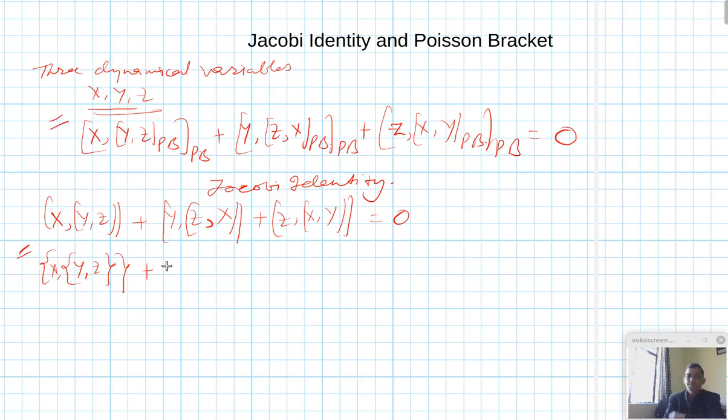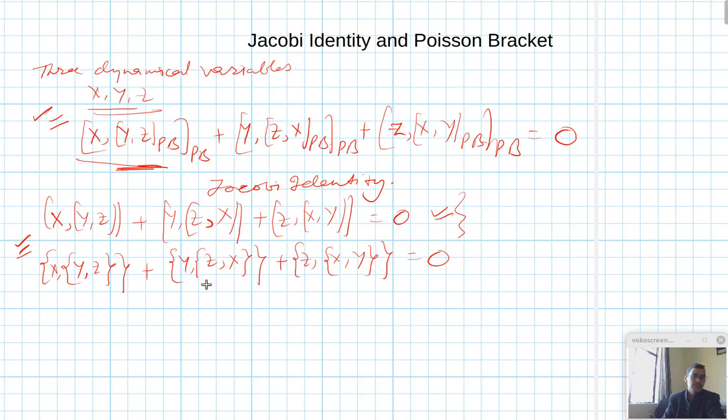So here it is Y, Z, X plus Z, X and Y, it is equal to 0. So either it is written this way or this way in most of the textbooks. But as I am using this notation here, I will simply write it in this way just for the sake of simplicity, right?